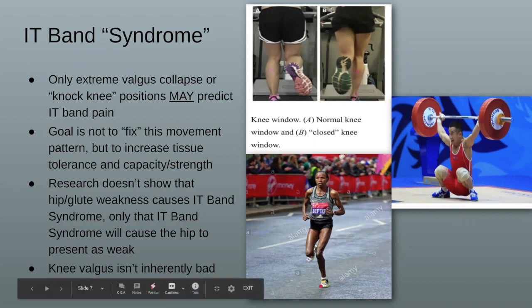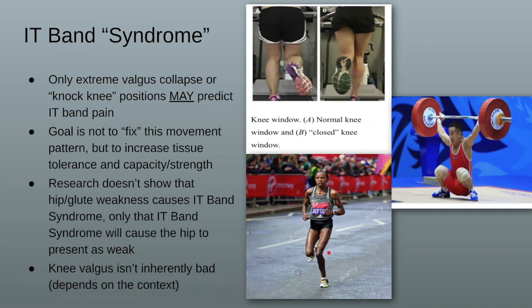Some others that always get blamed with the running population here too is overpronating through the foot, which we don't really have a good definition of what overpronating really is. And then you see, this is a very high level marathon runner here. Her name, God, I'm going to butcher her name, Priska Jeptoo, I think.